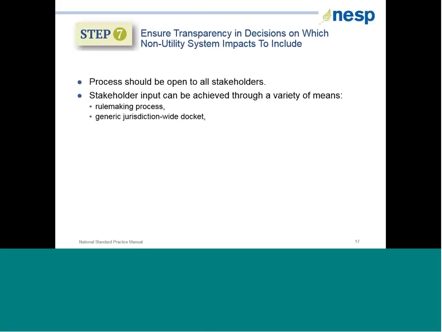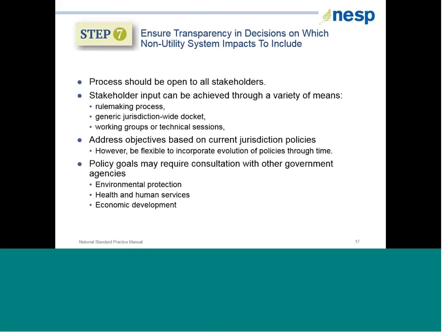And just a couple other points on this is that transparency does require a certain amount of stakeholder input, and there's a whole variety of ways this can be done through rulemakings, generic dockets, working groups.